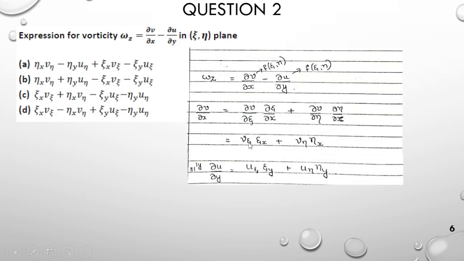I have just used the shorthand notation here: dou v by dou zeta can be written as v zeta. I hope you are comfortable with this shorthand notation. What remains is to take the difference of these two terms, dou v by dou x and dou u by dou y, and we will land up with the expression for vorticity.